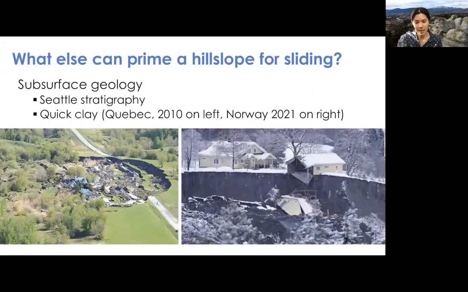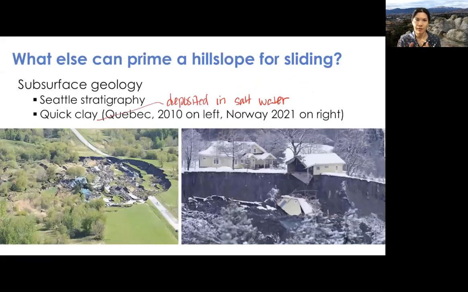Another example with clays are quick clays. This is an instance where we actually have a very unique type of clay. These are clays that were deposited in salt water. So originally when this ground was laid down, the clays were forming in a marine environment.